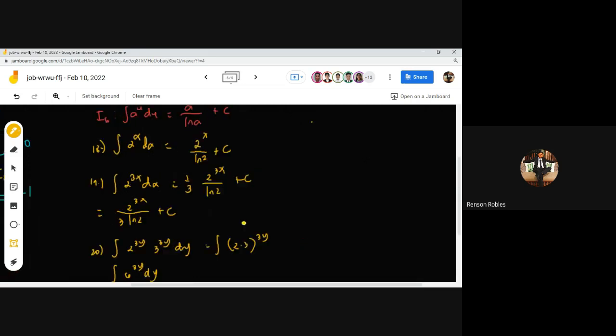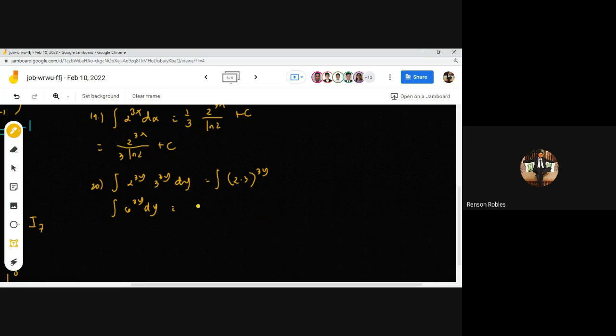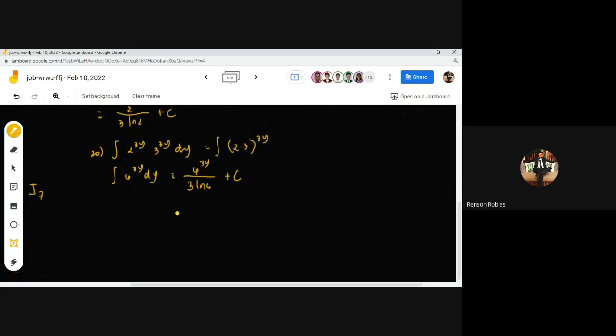And then following the form of number 19, so you have 1/3, and then you just copy a to the u, and then ln a, and then plus C. Or you can write it back to the original form.